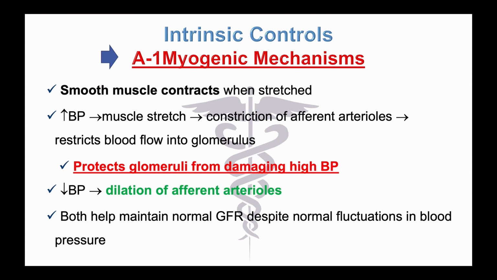But after reabsorbing all the required fluid, there is a place where the decision is taken whether it has to absorb all the filtered fluid back, or it has to be excreted out as urine.